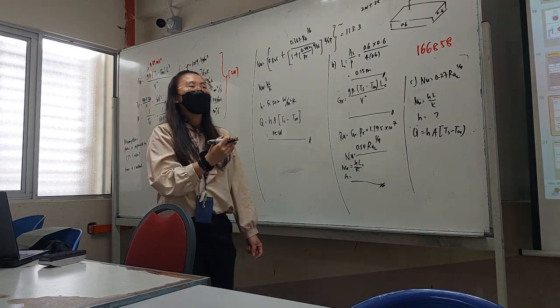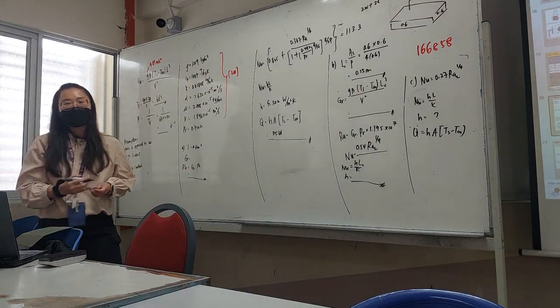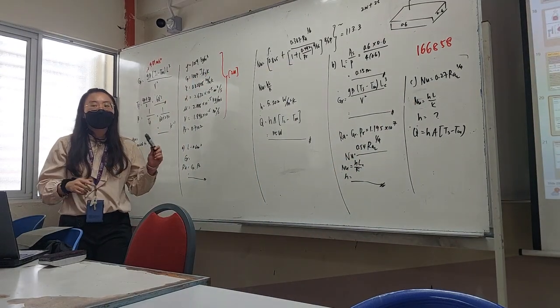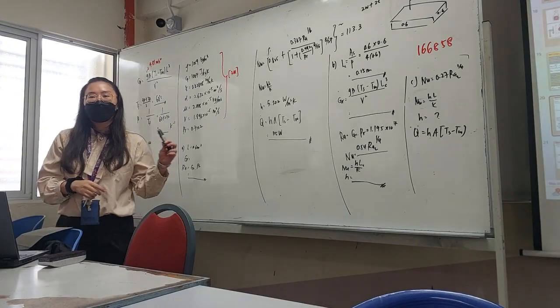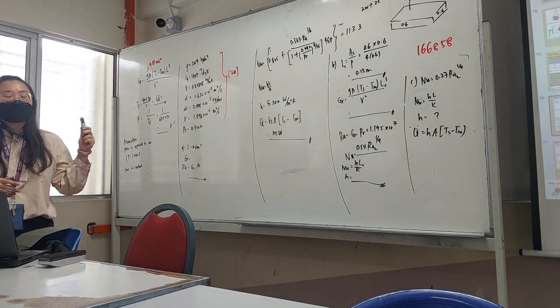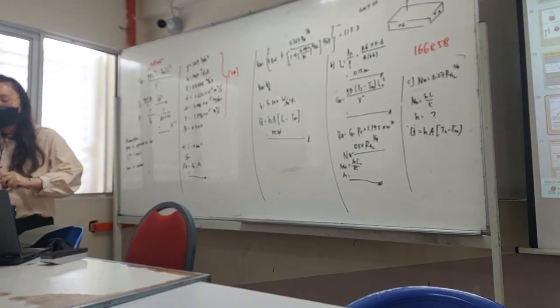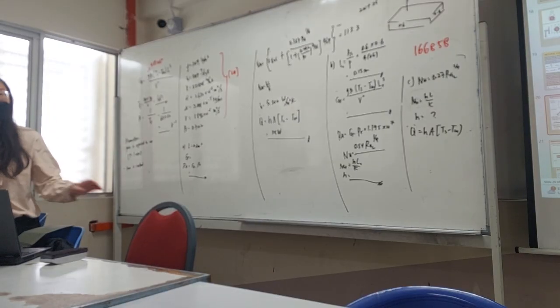This topic all refers to the property table. Only the Reynolds number values you need to memorize: for the thin plate, for the cylinders, what are the values for the laminar and for the turbulent.